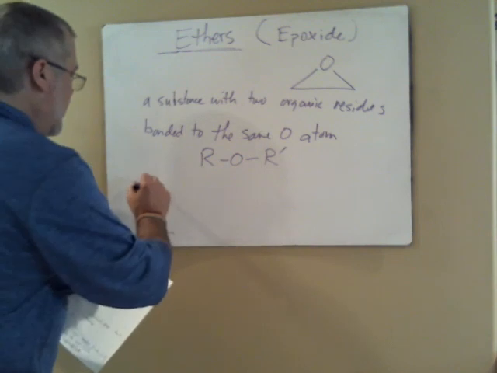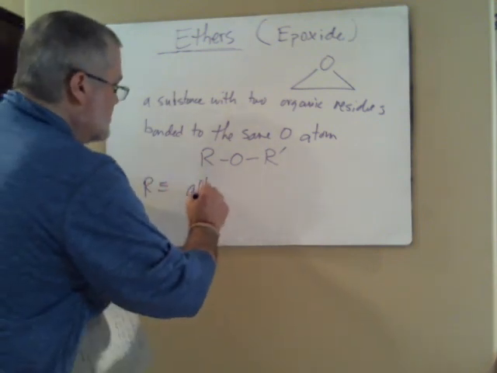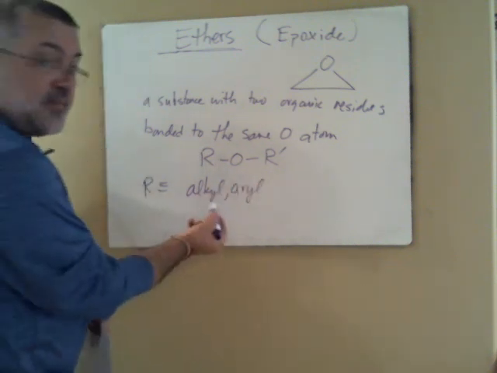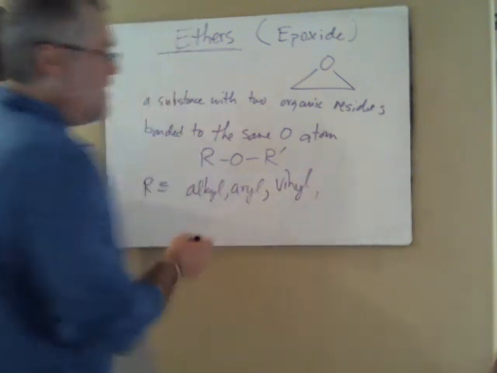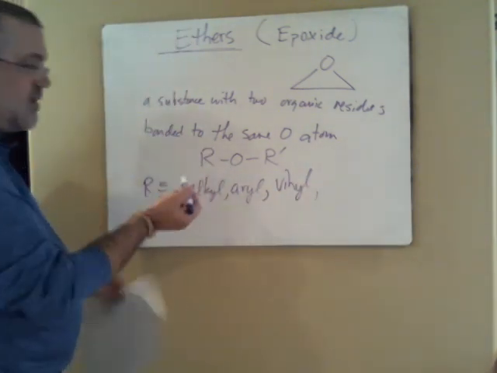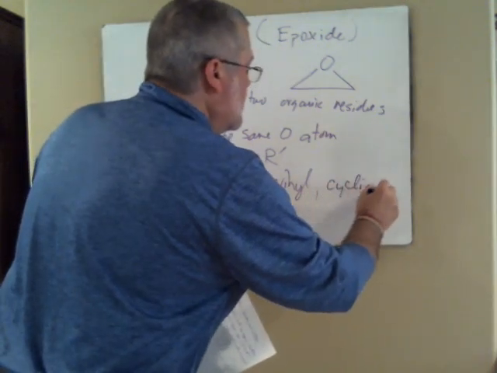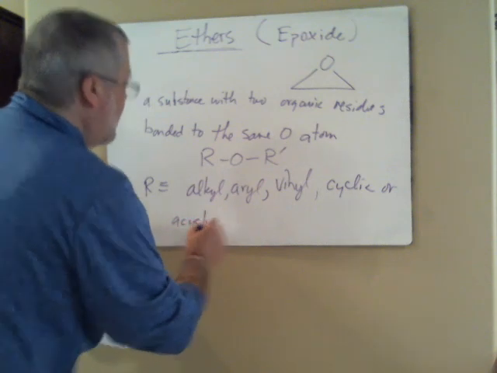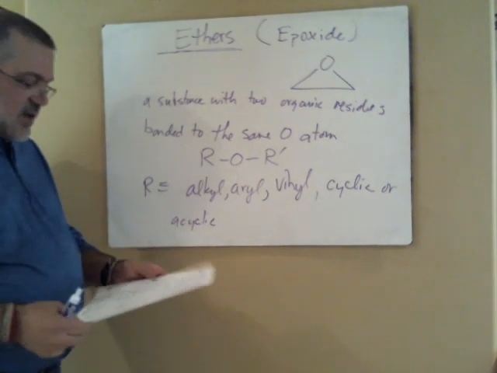And the R group can be alkyl, aryl (remember aryls are like benzene rings), vinyl, so that means there can be an sp2 hybridized carbon, cyclic, or acyclic. So there's some flexibility on what the organic residue is.